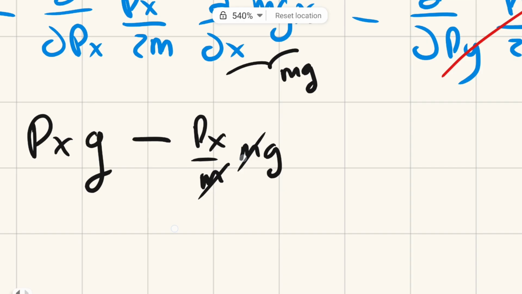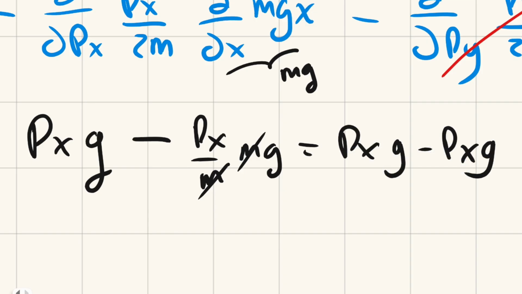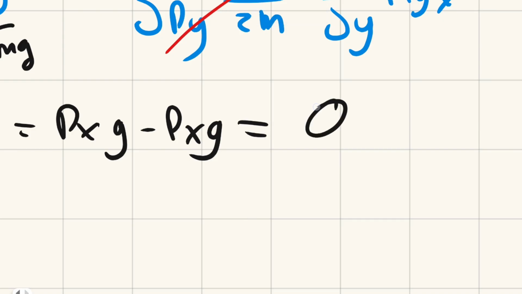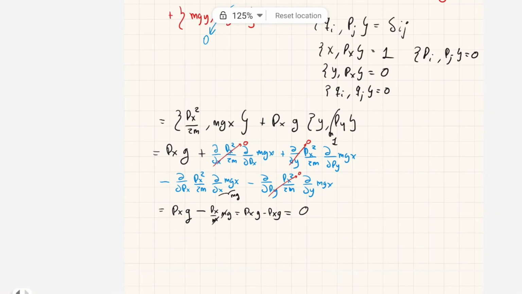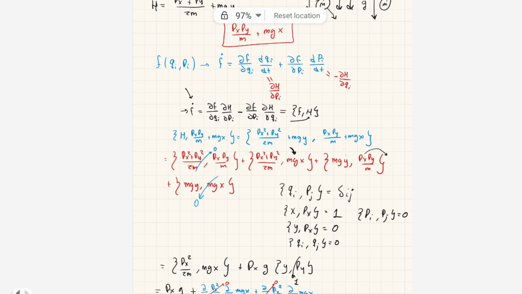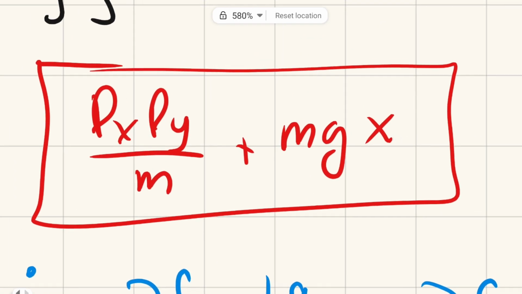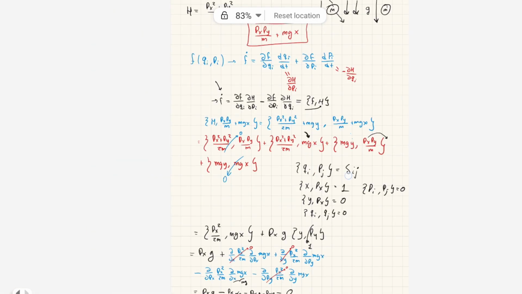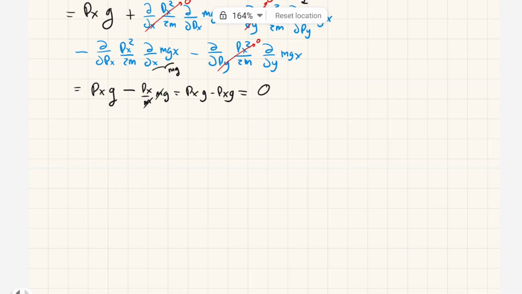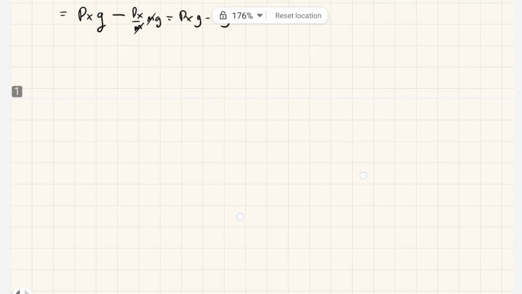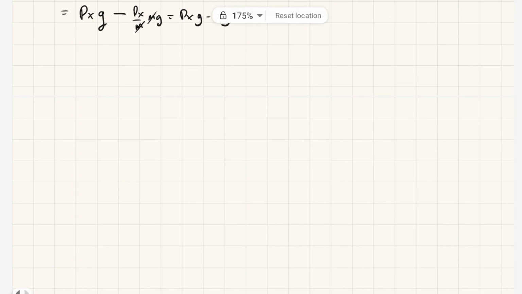We can cancel the m's, and we get pxg minus pxg, which is clearly going to be 0. Perfect. So what have we done? We have shown that this quantity is a constant of motion because its Poisson brackets with the Hamiltonian is equal to 0.